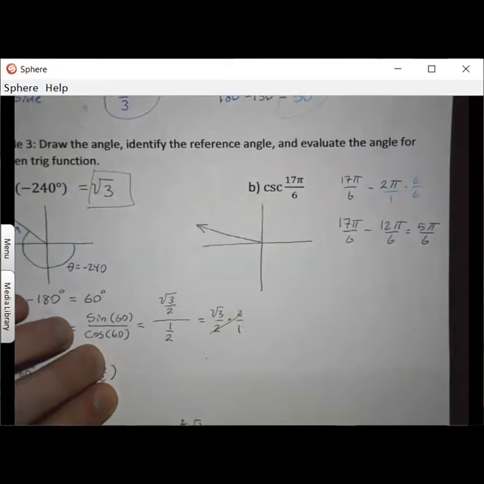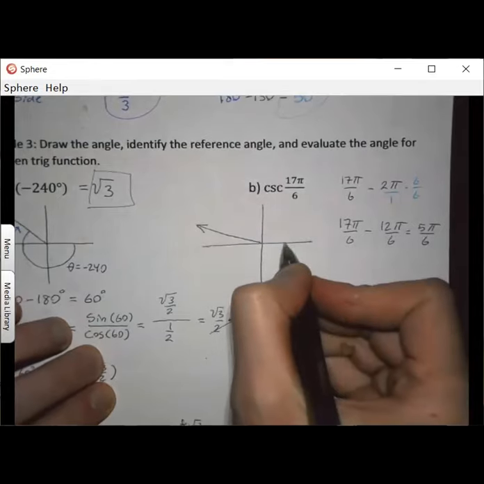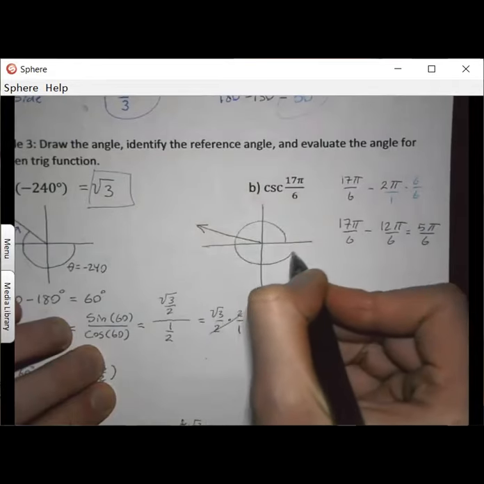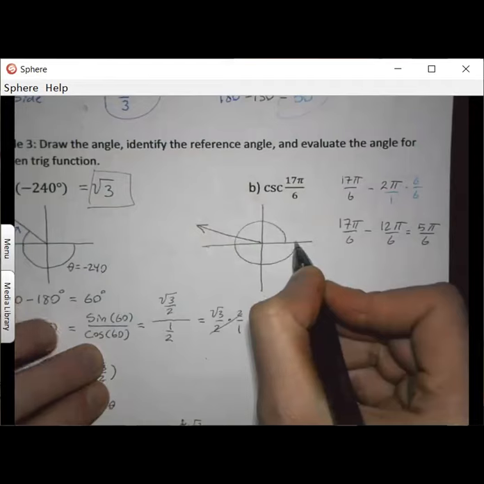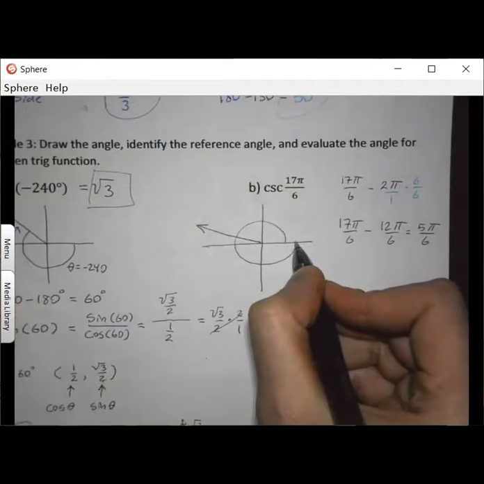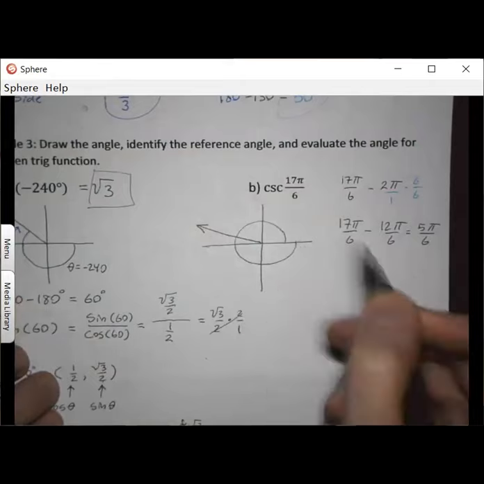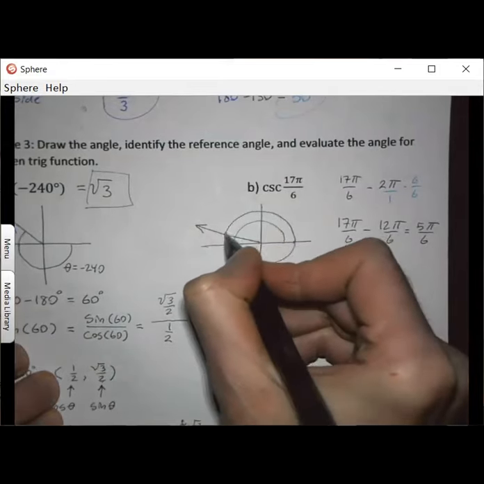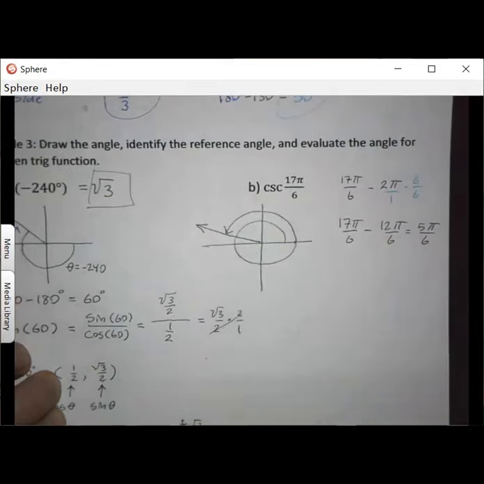So if we were to draw our theta for 17 pi over 6, we would start here. We would have to do a full circle, because that would get us to 12 pi over 6. And then we need 5 more to get us to 17 pi over 6.